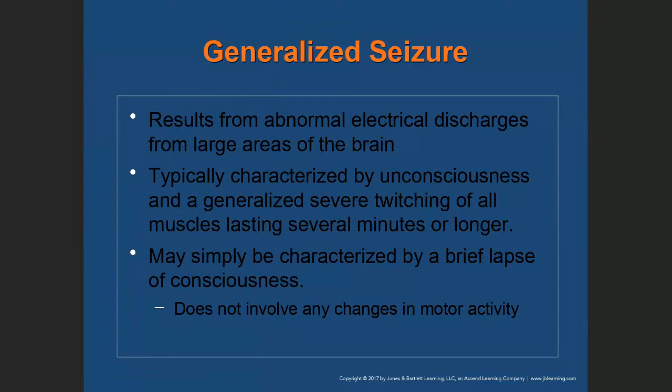It may simply be characterized by a brief lapse of consciousness, right? That's an absence seizure. So it can be a seizure in which you can see the muscle twitching and the rigid contractions of the body, or it can be a generalized seizure where the patient's brain for a brief moment goes blank, right? That's an absence seizure.